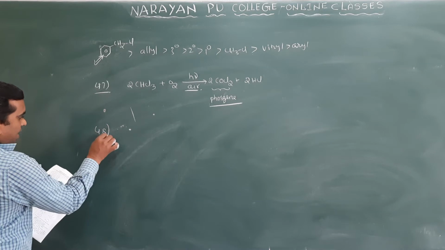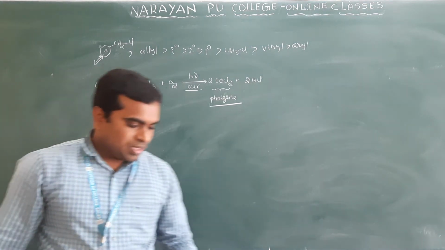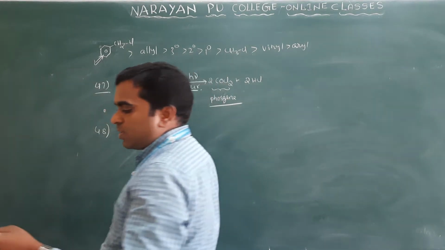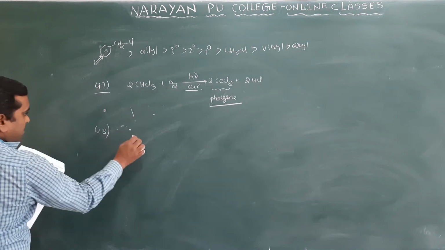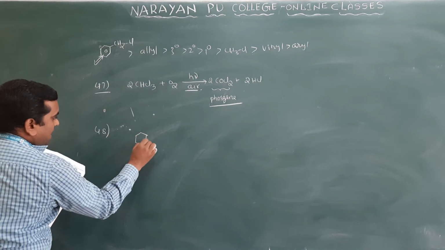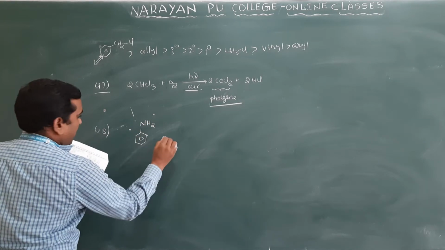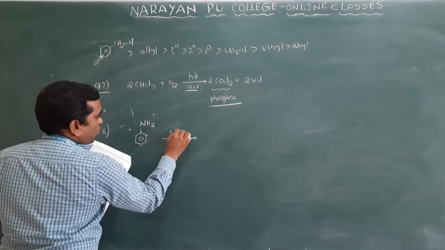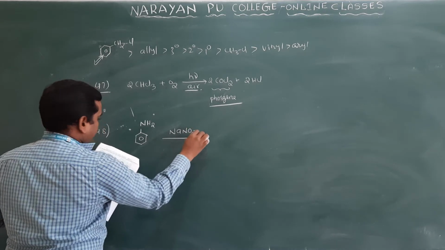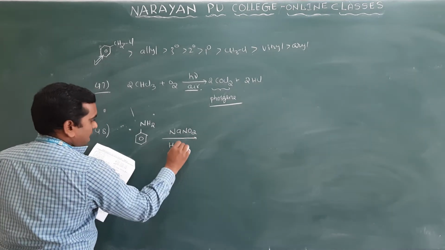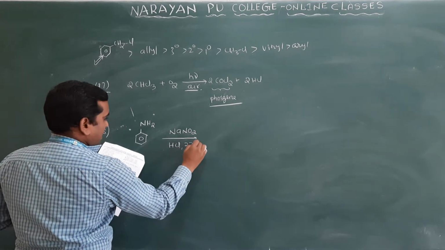Next one, 48. Now the 48th question. See what they have given. Aniline plus NaNO2 and HCl, a diazotization reaction, at 278 Kelvin.